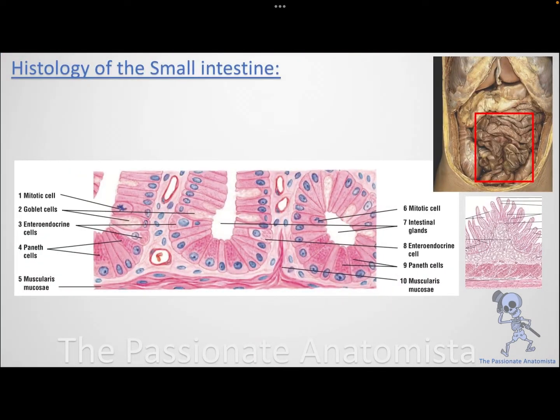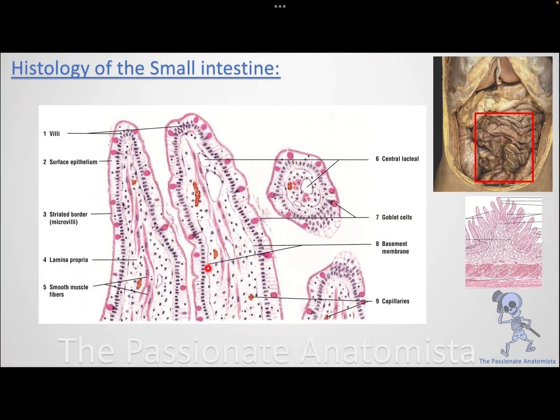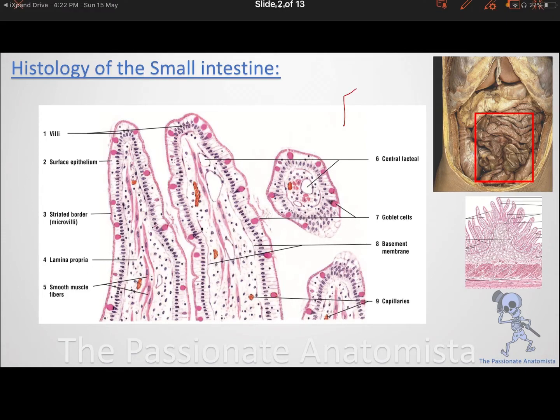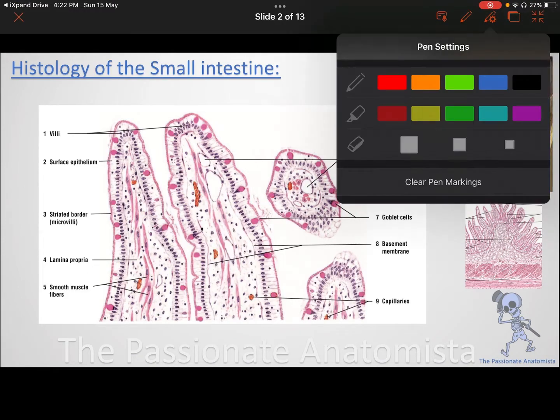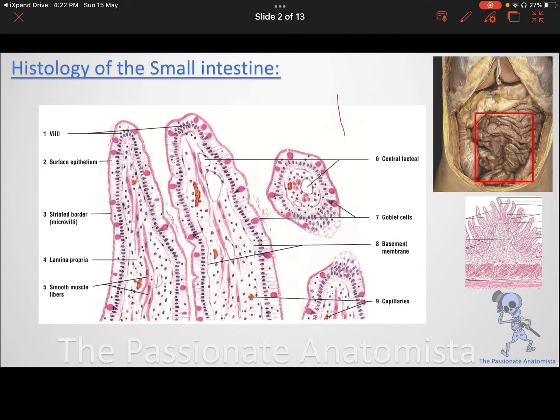If we go back to a higher magnification and you look at the villus, you're going to see that in the core of the villus you have your lamina propria and you have your lacteal inside, and the lacteal is the lymphatic vessel that is going to absorb the fat. So what's basically going to happen is, this is your lining epithelium, this is your columnar cell, and this is the nucleus.